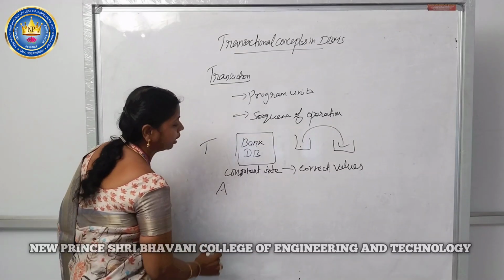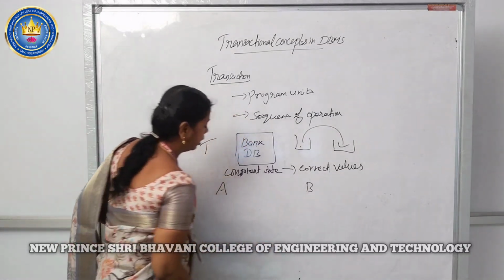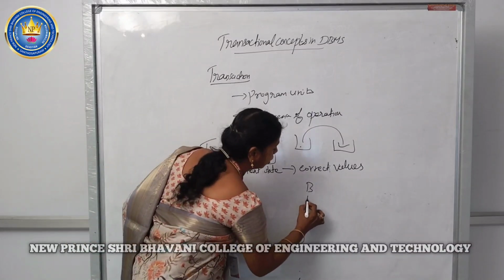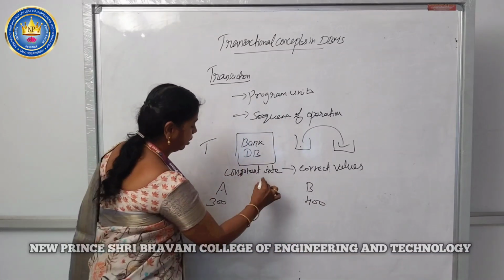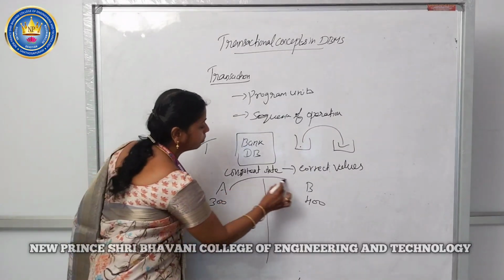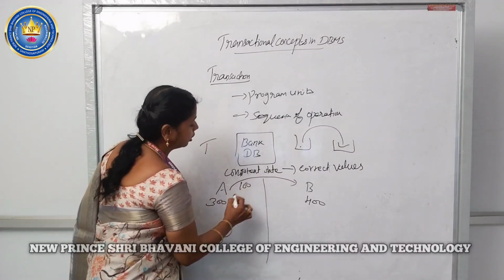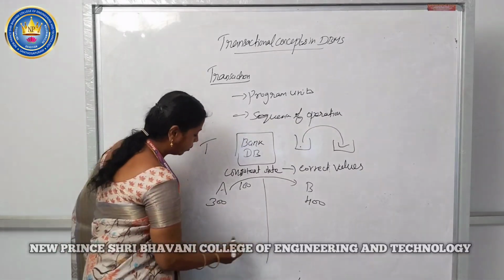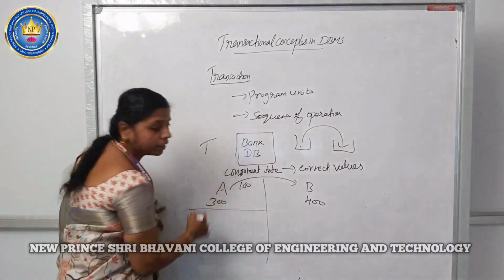Consider account A and another account B. Account A has the amount 300, account B has the amount 400. Suppose we are transferring 100 rupees from account A to account B. What will we do? First of all, we will open the account.